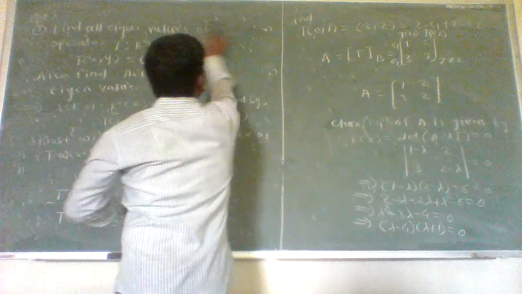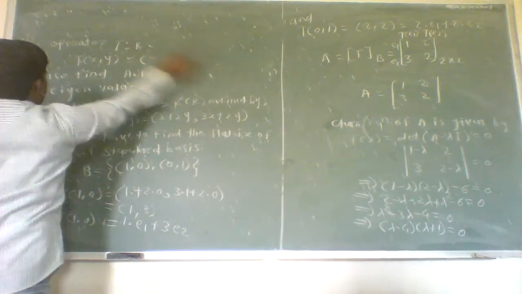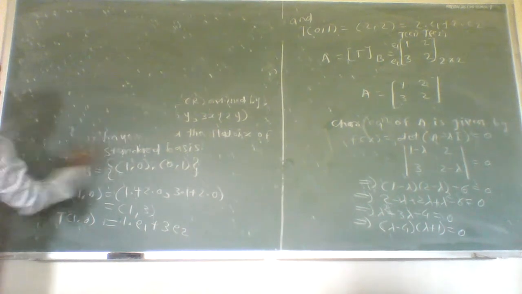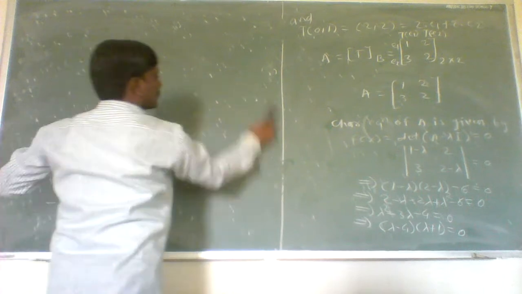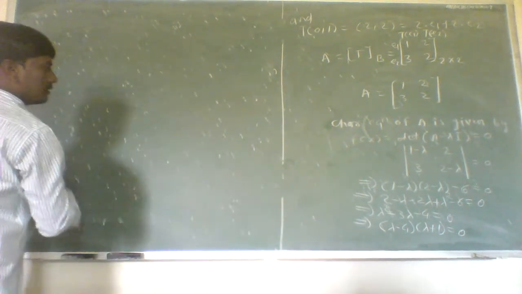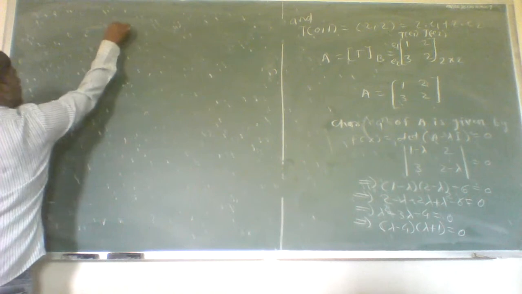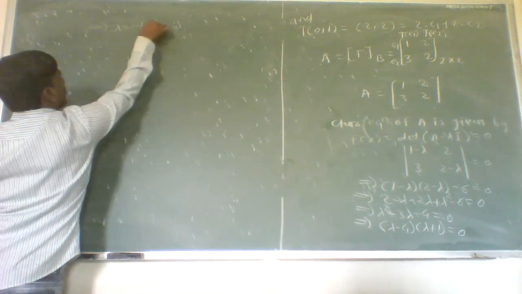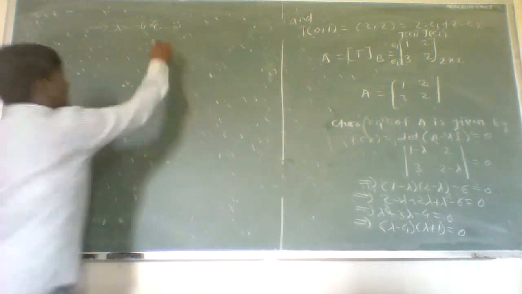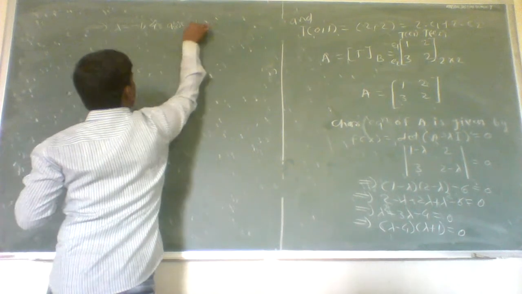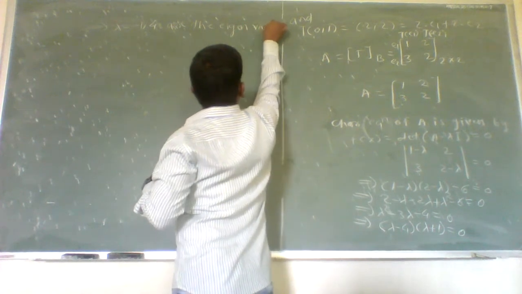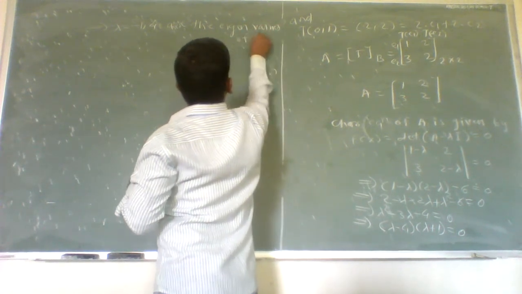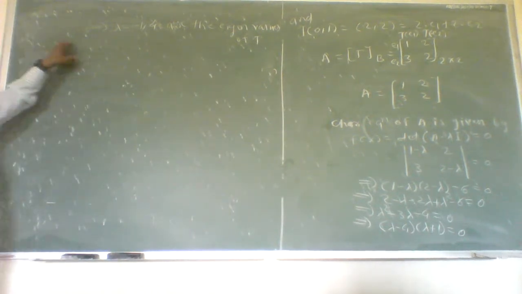So from this, the roots of the characteristic equation are lambda equal to minus 1, 4, which are the characteristic values or eigenvalues of P or A. Now here we get two eigenvalues, minus 1 and 4.